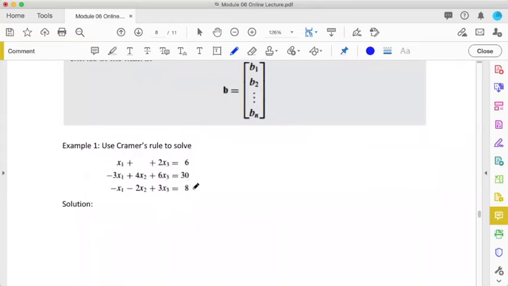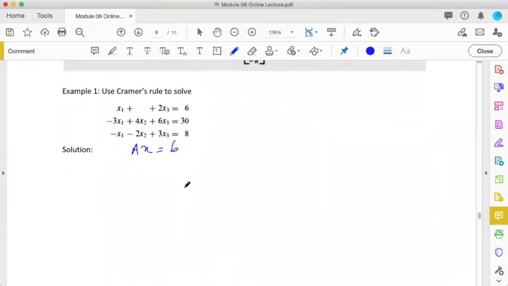So let's say this is AX equal to B. Our matrix A will consist of coefficients. Let's say the unknowns are x1, x2, and x3. So A will be equal to this matrix.